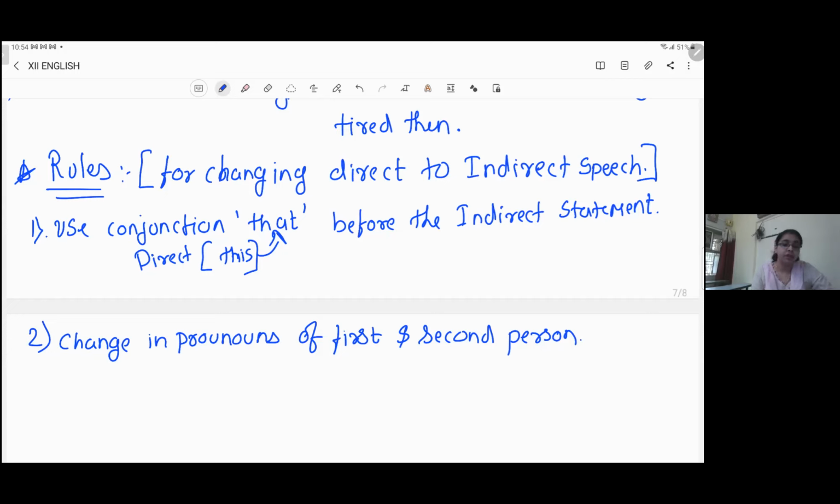There will be change of pronoun in first and second person.